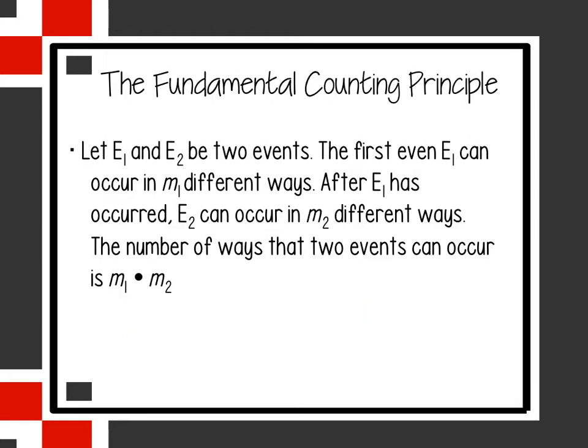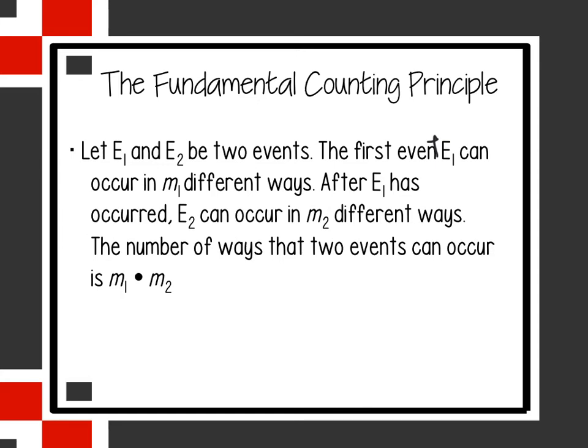All right. The fundamental counting principle says let E1 and E2 be 2 events. So I pull a number and then I pull a number again, those are 2 events. I grab a rock from the bag, I grab a rock from the bag again. Those are 2 events. E1 can occur M1 different ways.